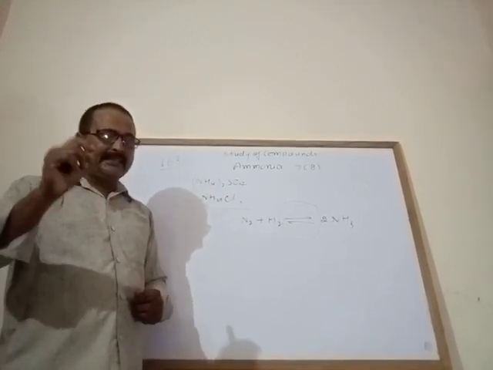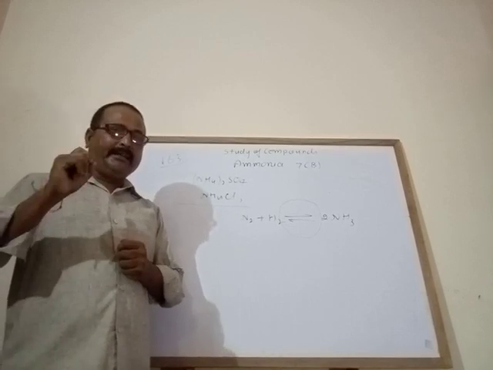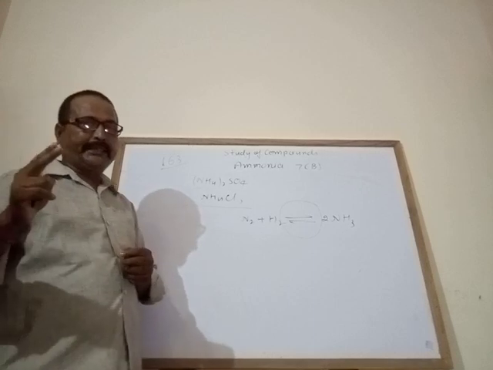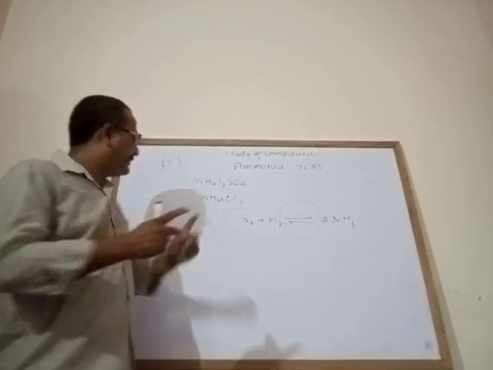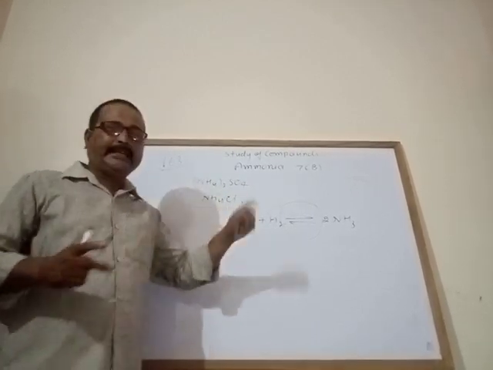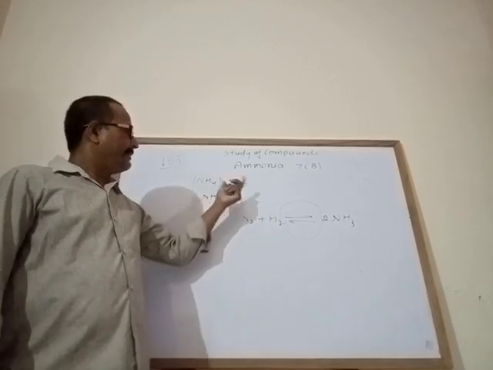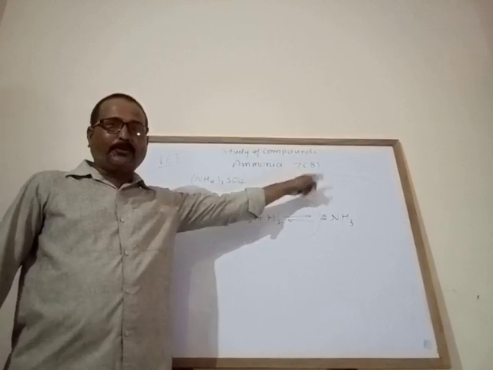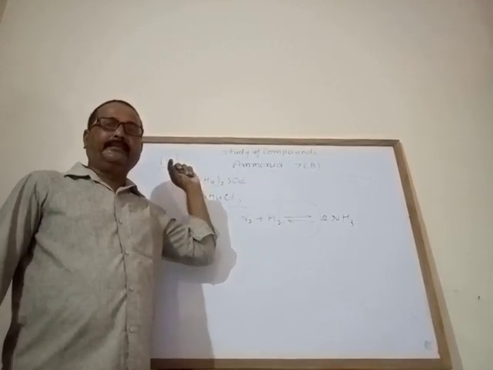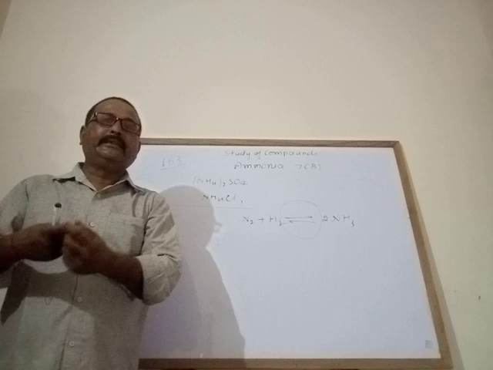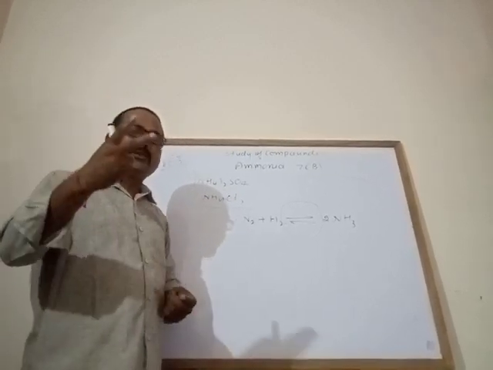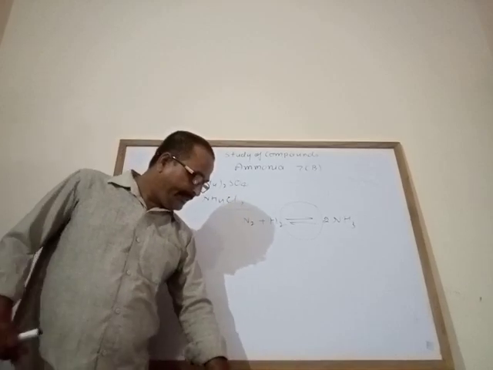In earlier classes you have studied this. These are the two sources: ammonium salts, like ammonium sulfate, ammonium chloride, diammonium phosphate, tetraammine copper sulfate, diammine copper chloride, many compounds are there. And second one, ammoniacal liquor. These are the two sources of ammonia in the combining state.